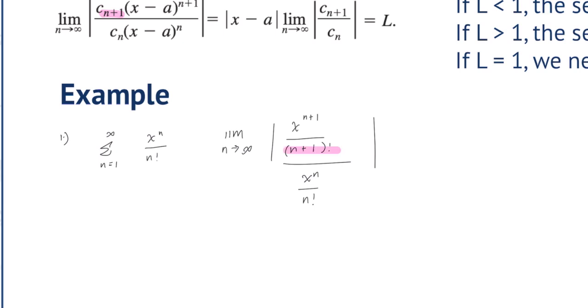Okay, it should not be outside. Then our C of n plus 1 is this. Likewise, this is our x minus a raised to n plus 1. And this is our x minus a quantity raised to n. Is it coming all together now? Okay, good. Now let us evaluate this.